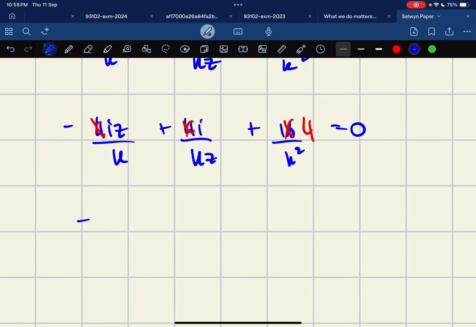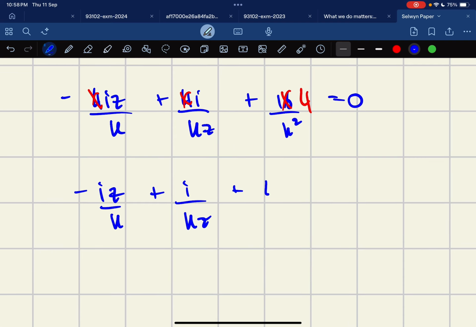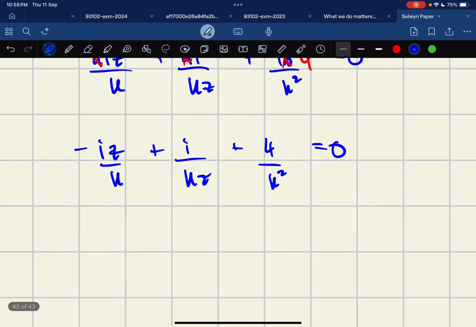So I'm left with negative iz over k plus i over kz plus 4 over k squared equals 0. I need to join all these fractions together, so I need to multiply everything to get a common denominator of k squared z.